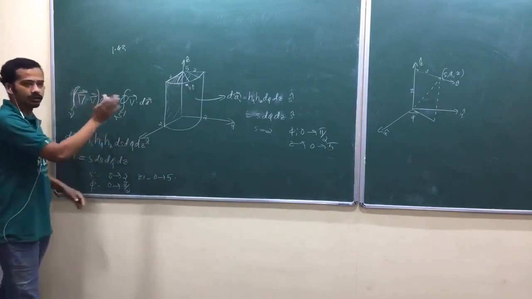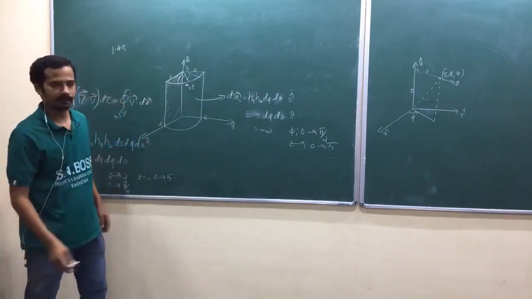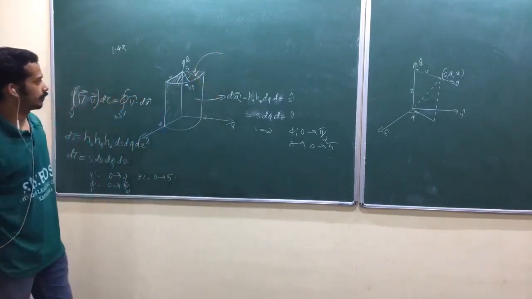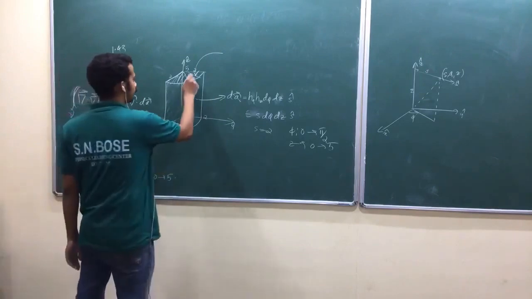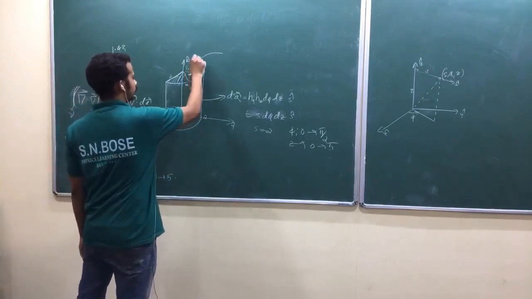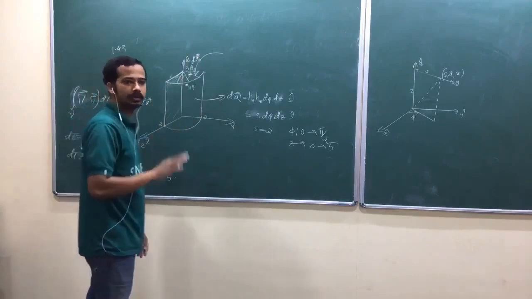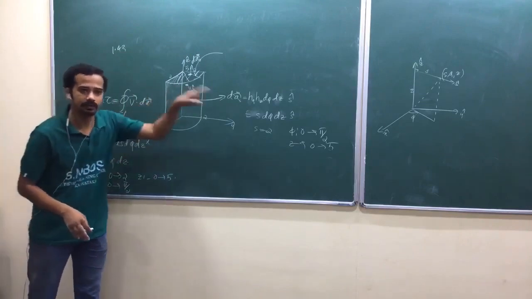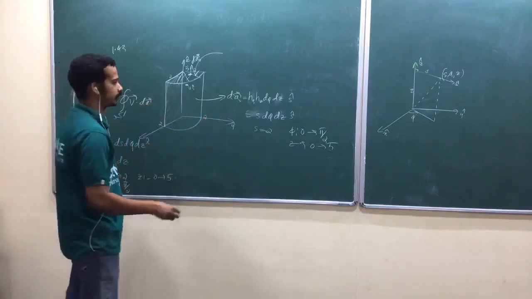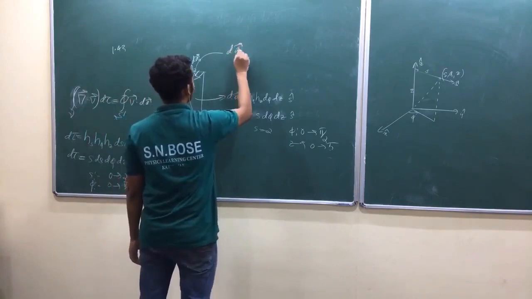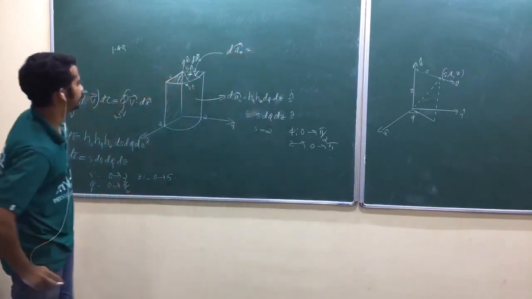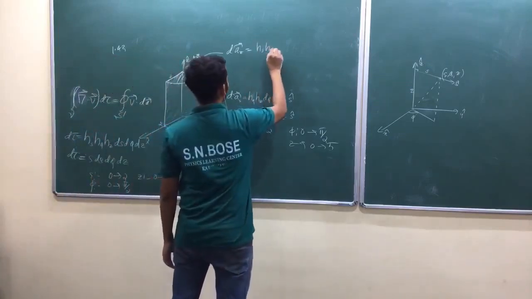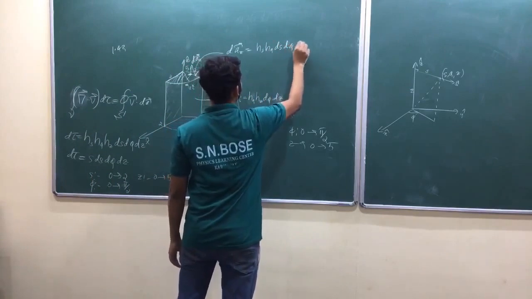This closed surface integral, you have to divide into different parts. Is that okay? So now for this upper surface, what is the area vector direction? Z. You have to write that area vector in cylindrical coordinates. Why? Because you have to take the dot product with a vector field which is written in cylindrical coordinates. So dA for the top is S ds d phi Z cap.